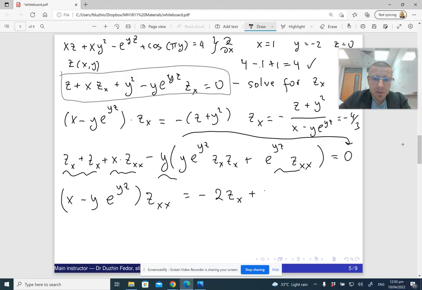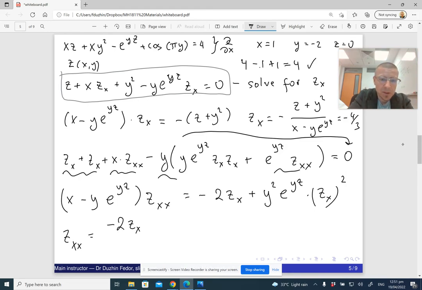Okay, so plus y squared times e to the yz times z_x squared. So overall, z_xx equals minus 2 z_x plus y squared e to the yz times z_x squared, divided by x minus y e to the yz.